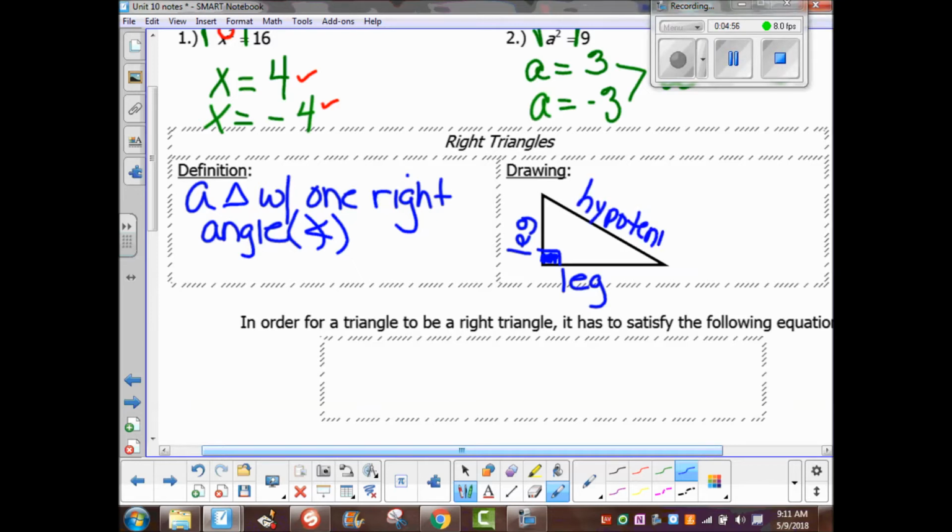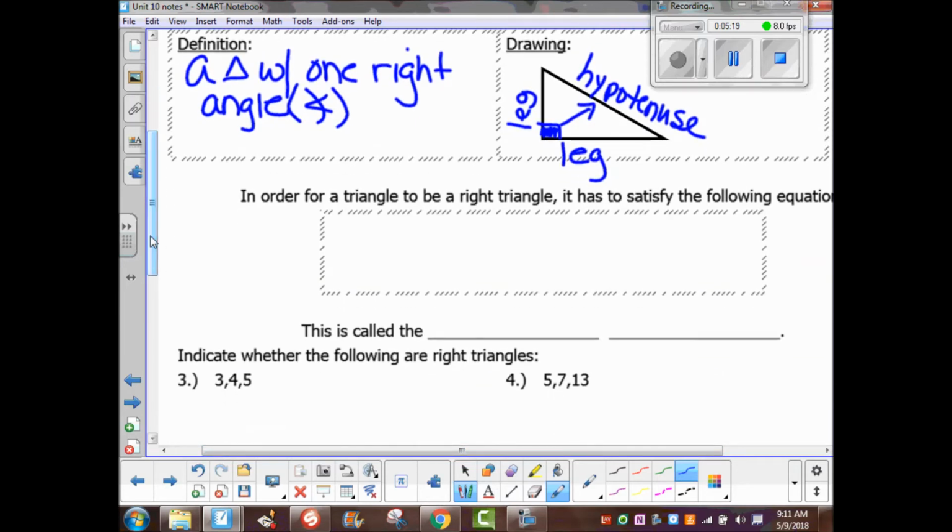But with the hypotenuse, you have to be careful. It is the one that's always across from the right angle, because the legs make up the right angle.